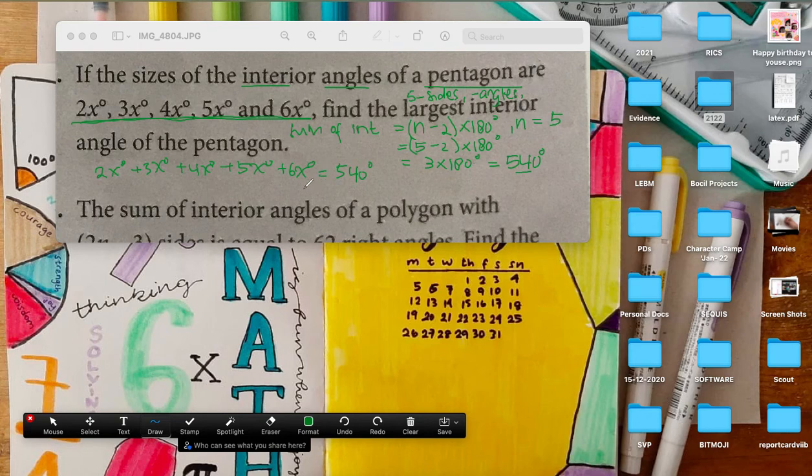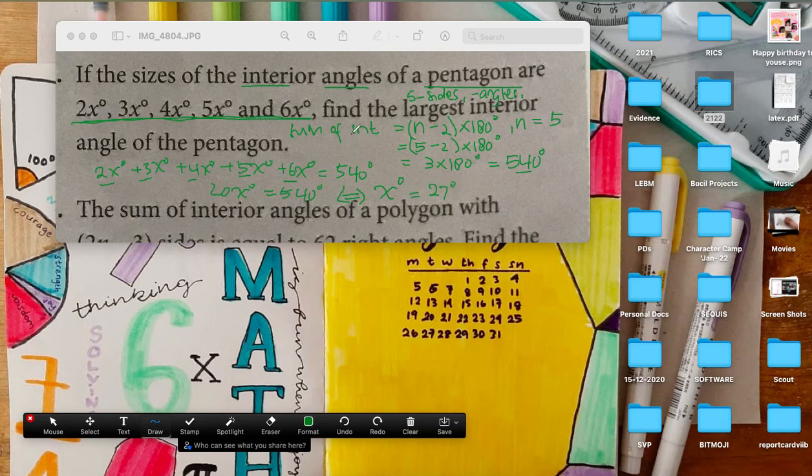It looks fancy if you did it, but I just try to make it simple so then you will understand. Here 2x, 3x, 4x, 5x, 6x together, they add up and make 20x degrees equals 540 degrees. So then there, x degrees equals 27 degrees.